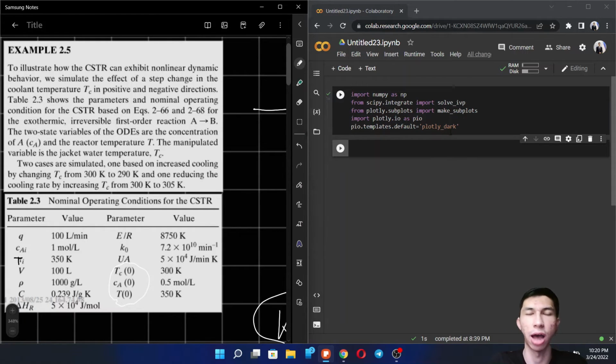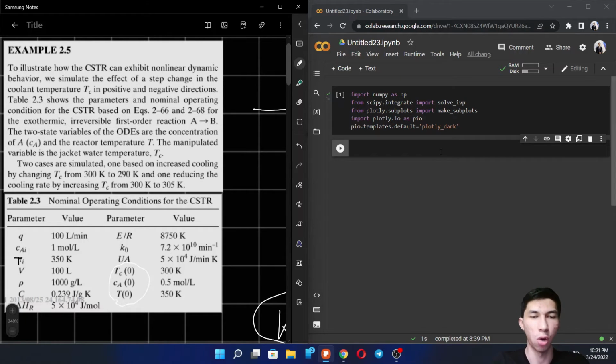So we're going to get our usual imports, that's NumPy, SciPy integrate, and we're going to get our plotly. Because we have to plot our model, and we usually have our plotly in dark mode, it just makes our graph dark.